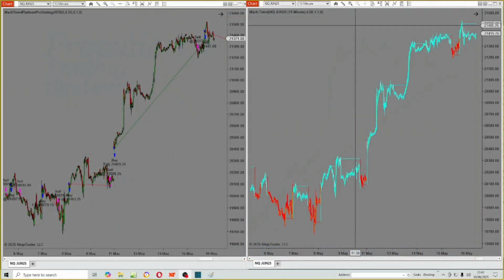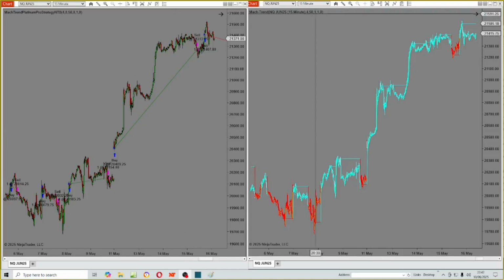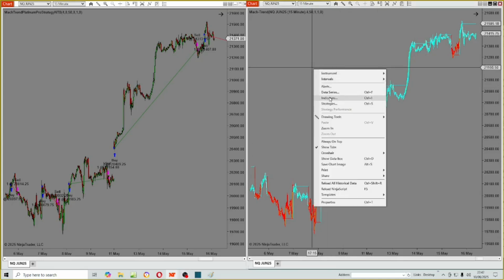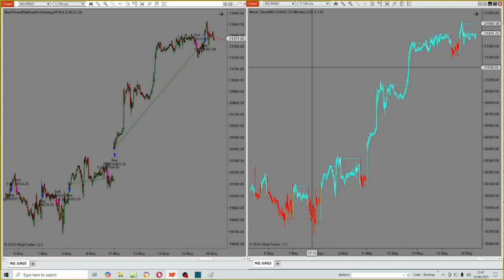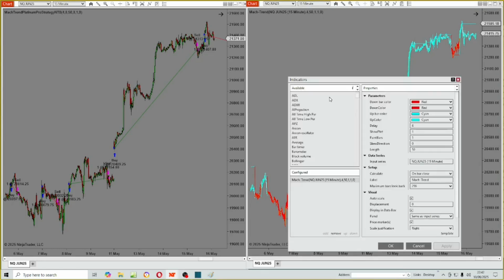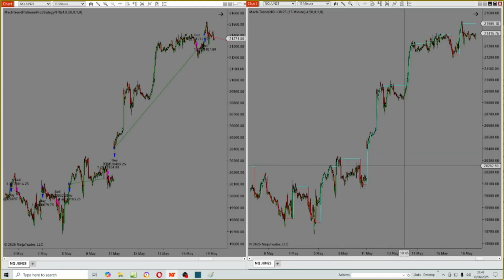Now we're going to be looking at the settings, and we've got the paint bar study on, which is why the bars are highlighted. So this is the indicator, and if you want to remove them, show paint bars, just change that to a 0 and that will disappear, leaving you with the indicator only, which is this line.